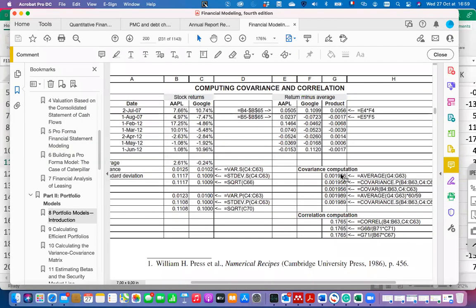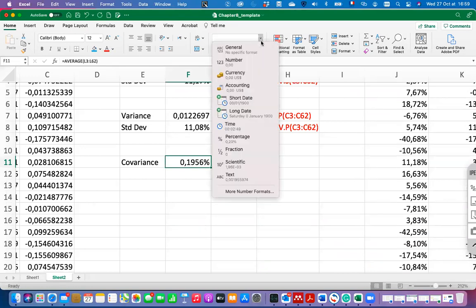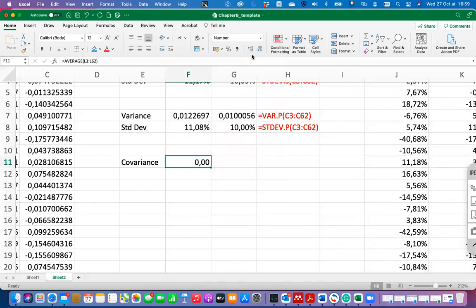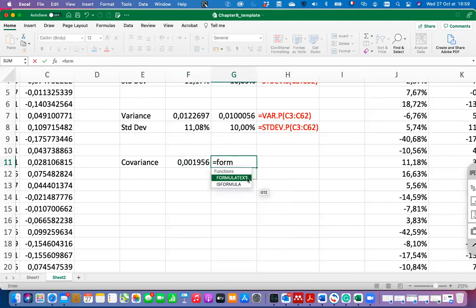Same result here. I can convert it into a number. This is the formula text. This is the covariance. Which means that Apple and Google are very slightly positively correlated. It's almost zero, right? So they are almost independent from each other. It's a good thing when you are trying to diversify your portfolio.